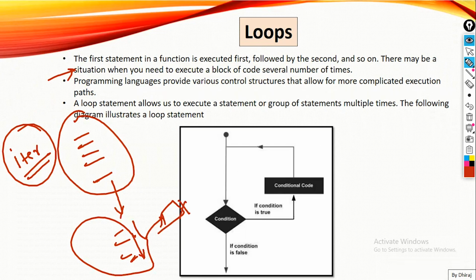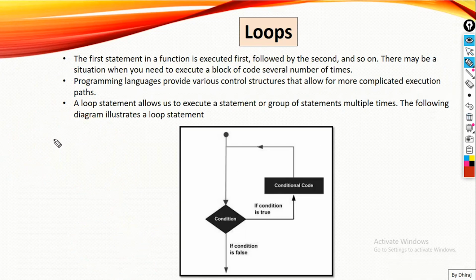This is not the correct way to write a set of programs again and again. So a loop statement allows us to execute a statement or a group of statements multiple times.